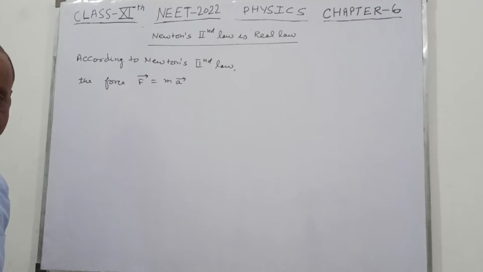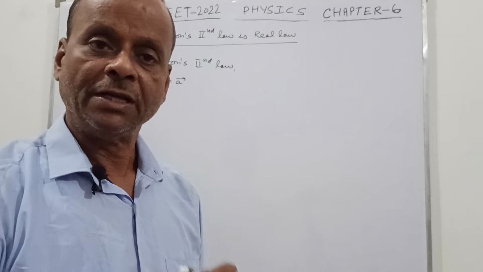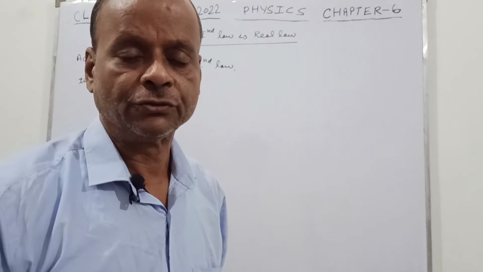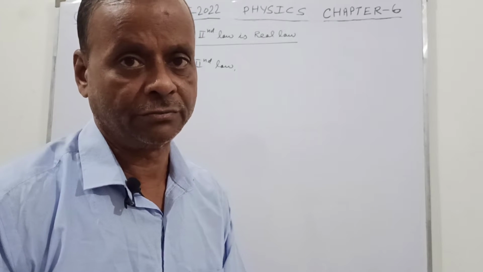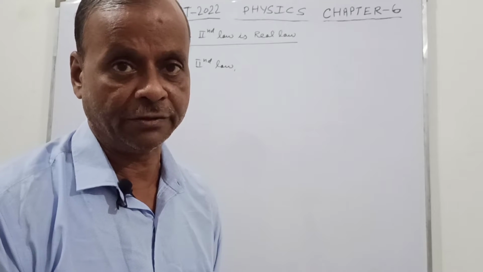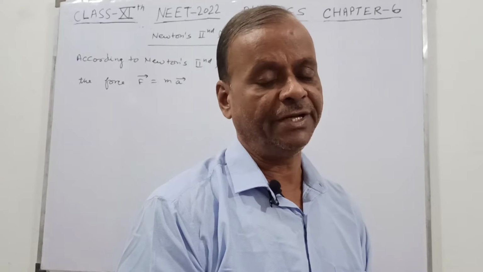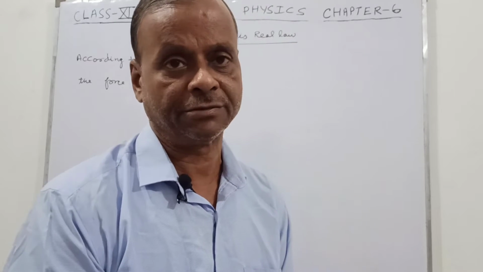This is known to us. The product of mass and acceleration is called the force. This is called the Newtonian force, because this concept was given by Newton, as the force which can change the position of the object.